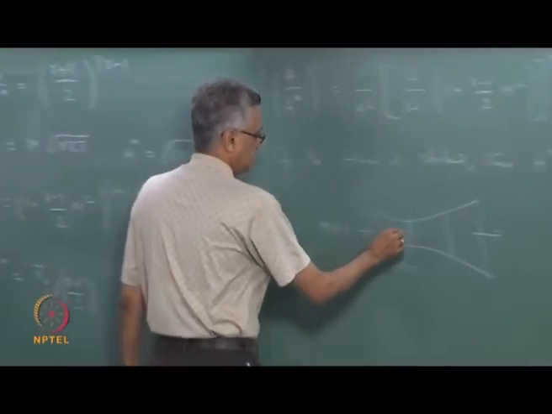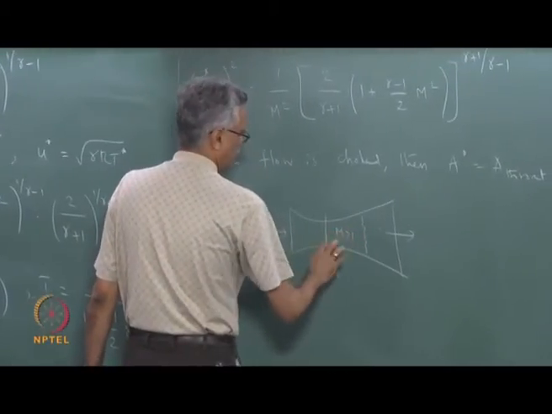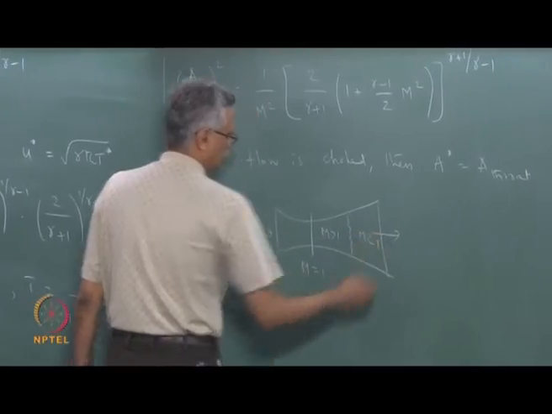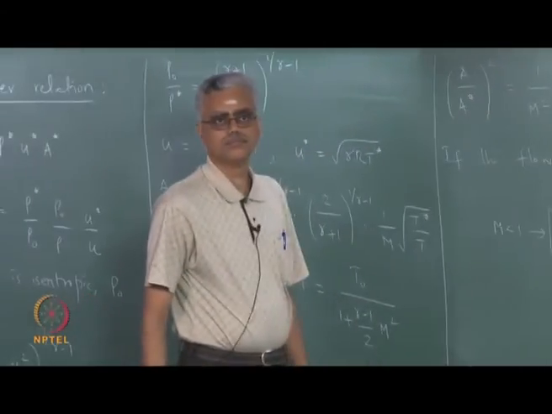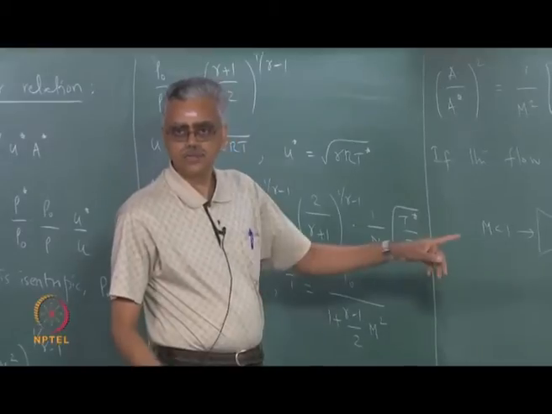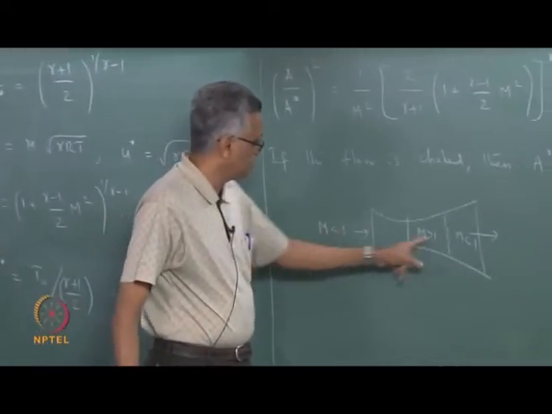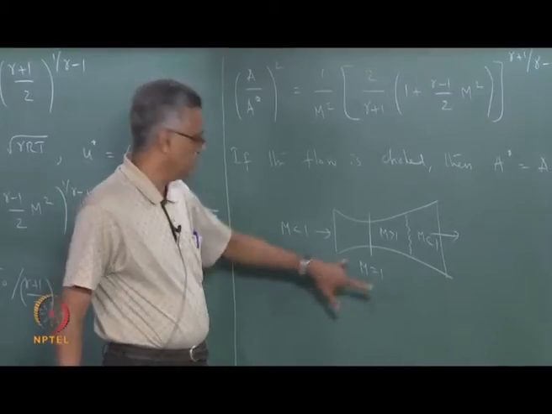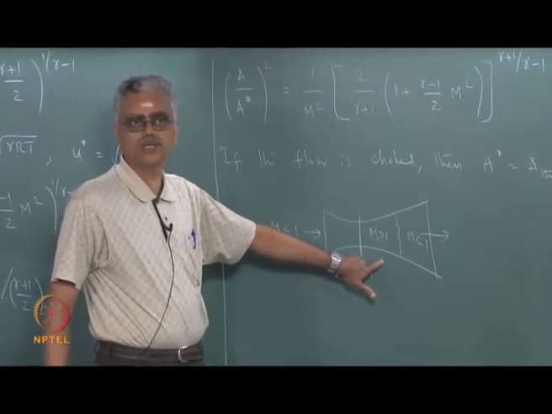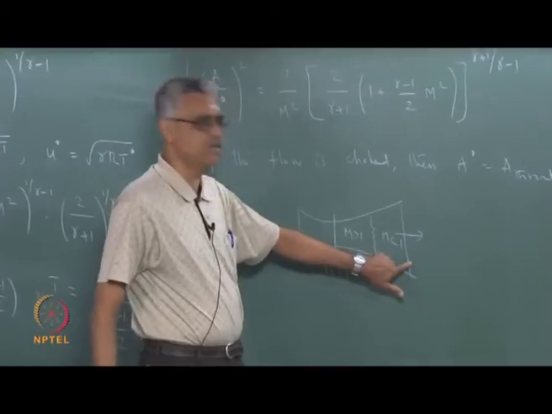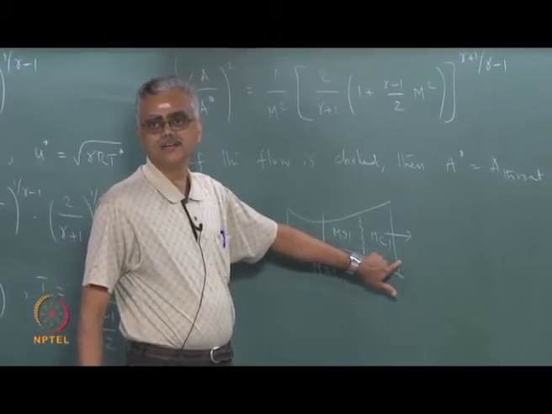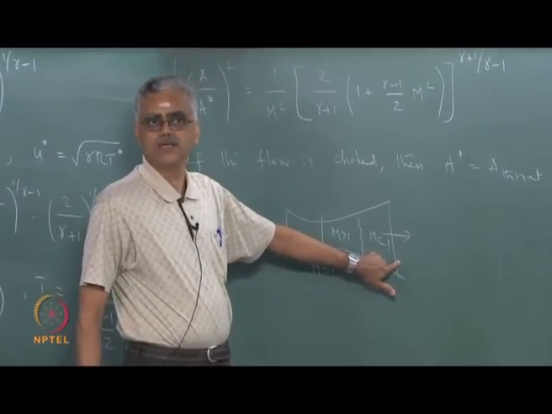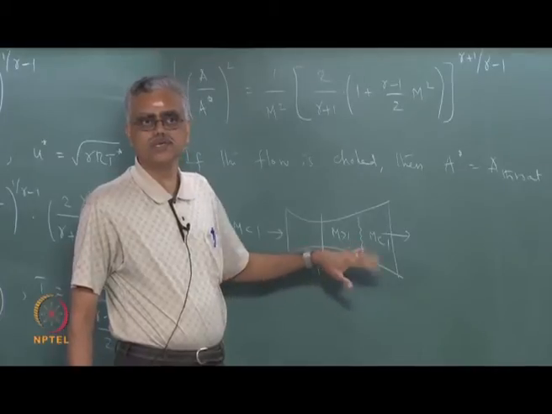So, M accelerates to a supersonic speed and then it becomes subsonic after this. In such a situation, A star for this part of the flow will be equal to A throat, right? A star for this part of the flow is equal to A throat, but A star for this part of the flow field is not equal to A throat. It has to be something else.